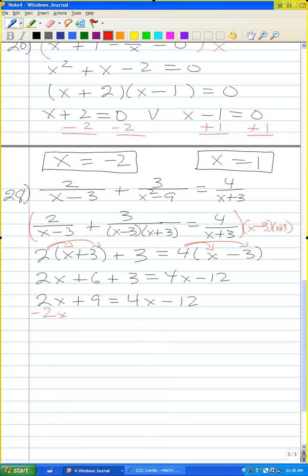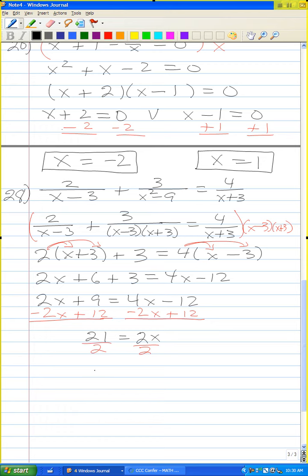Subtract 2x. Add 12 to both sides of your equation. And so 21 is equal to 4x minus 2x, which is 2x. Divide both sides of your equation by 2.